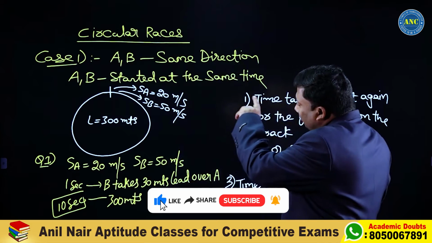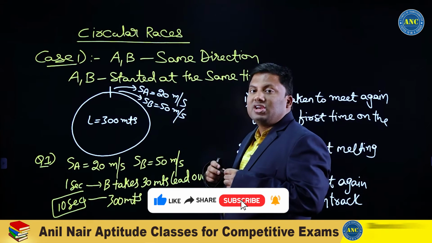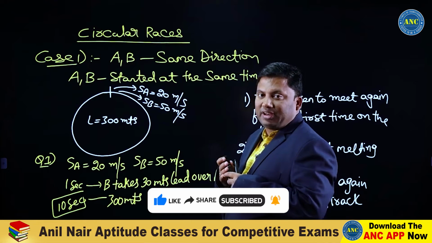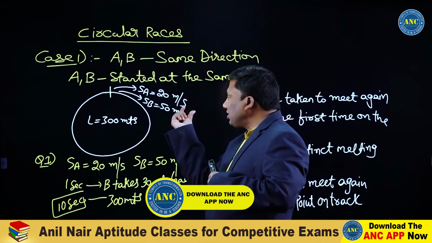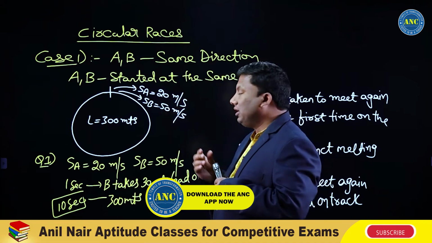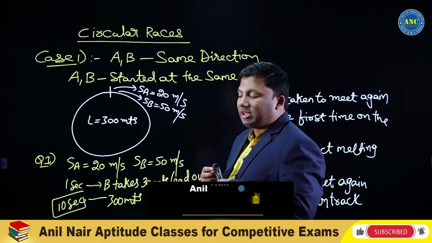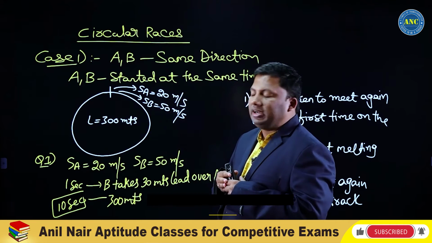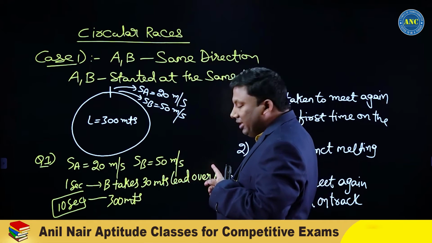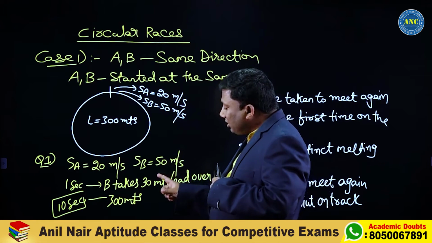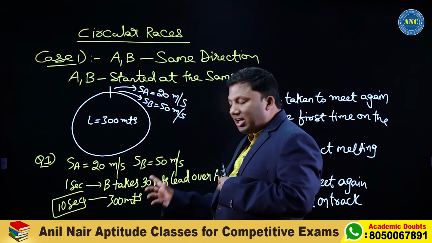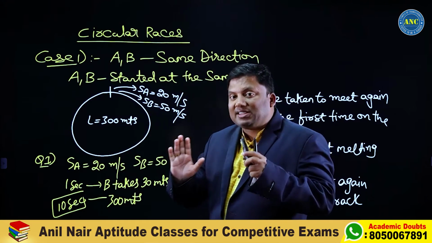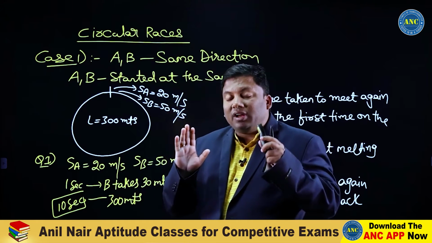The length of the track is 300 meters, speed of A is 20 meters per second, speed of B is 50 meters per second. After 1 second, B takes a 30 meter lead over A. But I want 300. 30 tens are 300, 1 ten is 10. That means after 10 seconds, B will meet A.